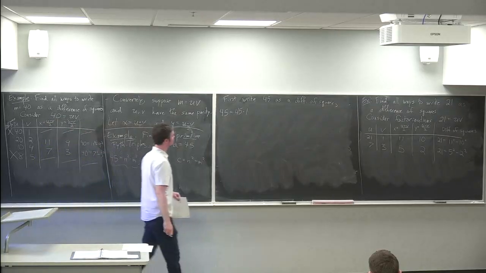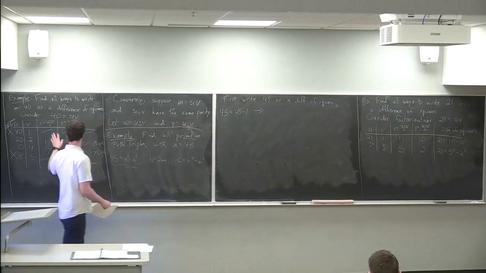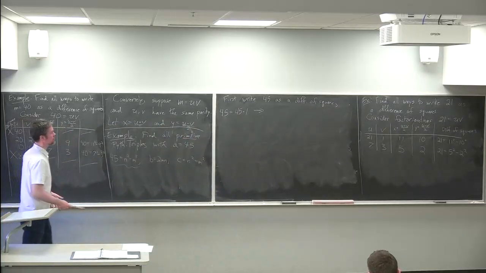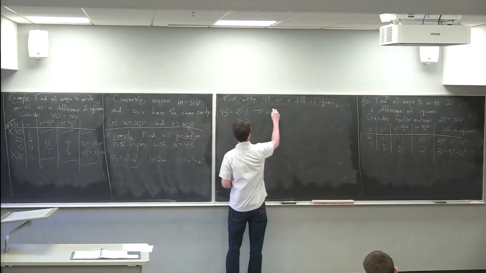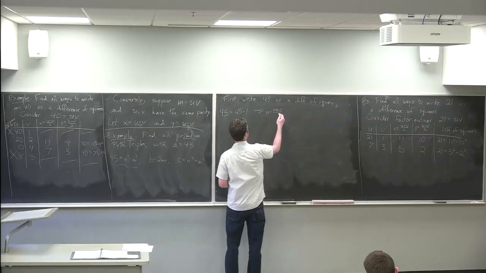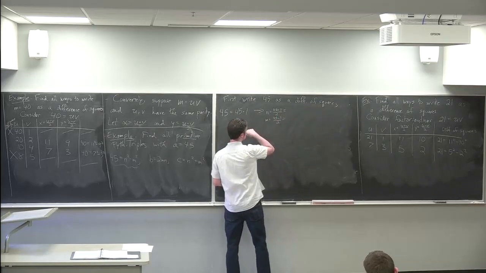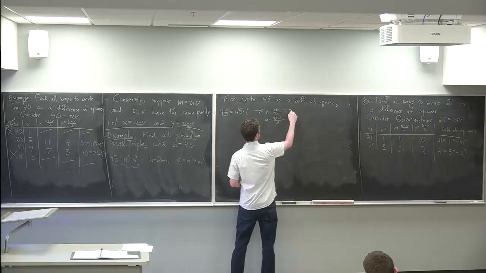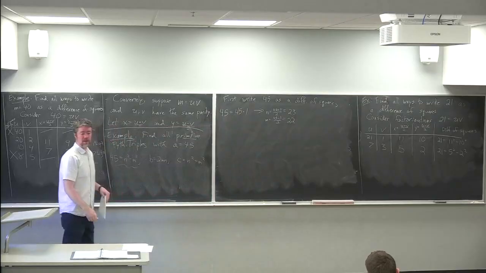So what this leads us to is you have to consider their sum over 2 and their difference over 2. So one of them looks like this, call it N, and M looks like this. So this gives us 23 and 22. That's our N and our M.